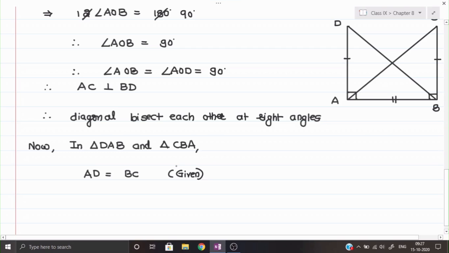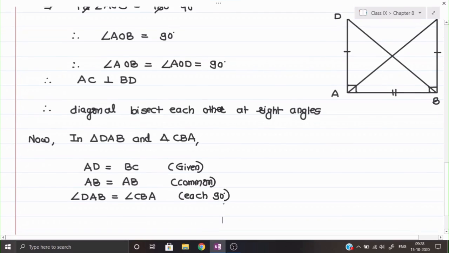Second thing, AB is equal to AB, common. Third thing, what we have equal here is angle DAB and angle CBA. So angle DAB is equal to angle CBA, each 90 degrees, that is given in the question. All angles are equal to 90 degrees.